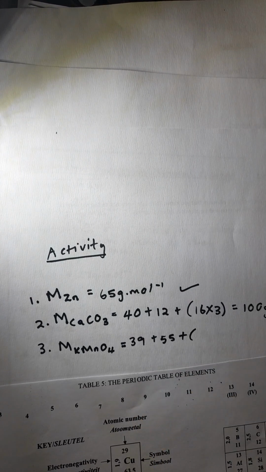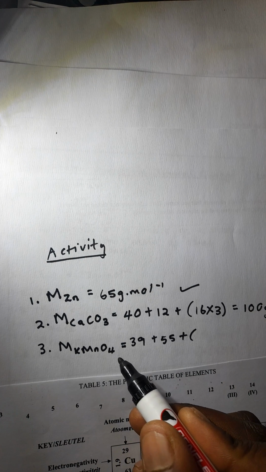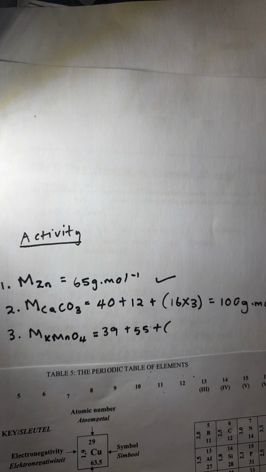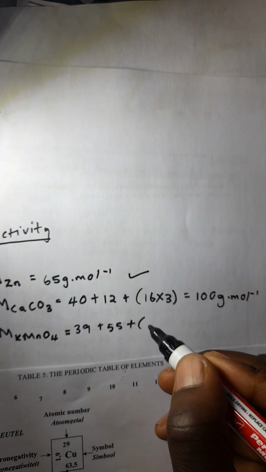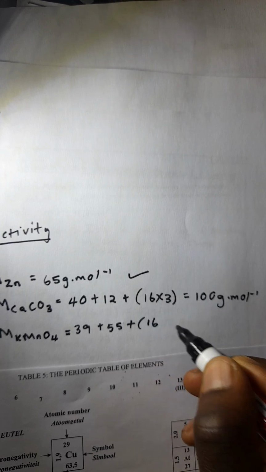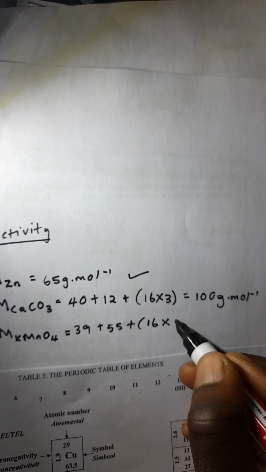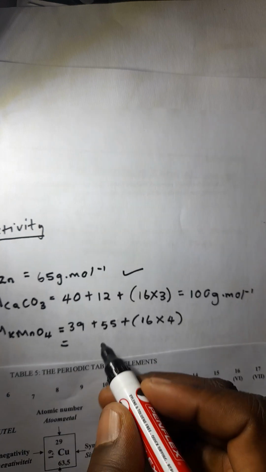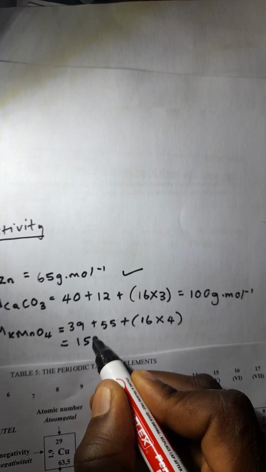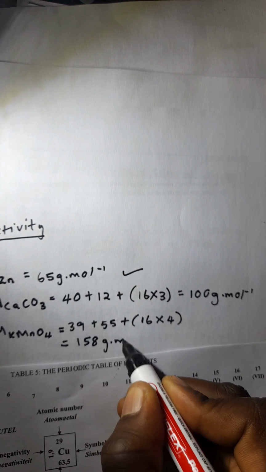How many atoms of oxygen are we having? We are having 4 of them, and each atom is giving us a molar mass of what? Remember, 16. Okay, 16 multiplied by 4. Okay, and then what are we going to get? Now you multiply everything and you add as well, so you're going to get 158 grams per mole.